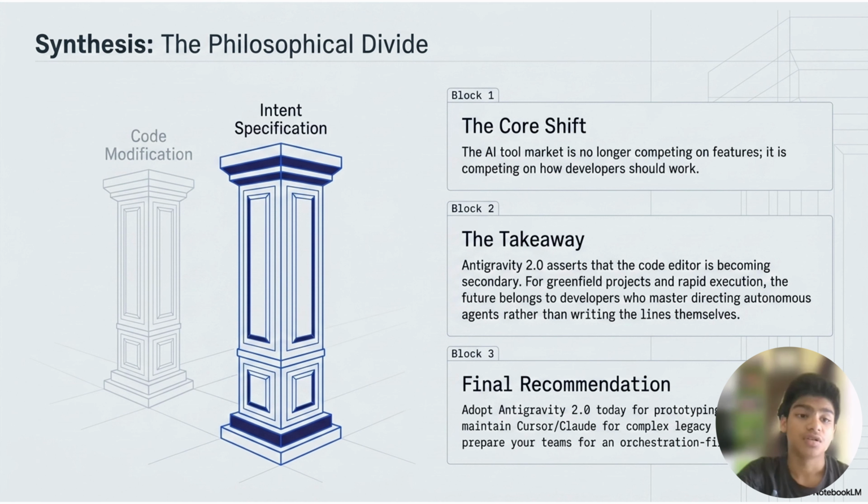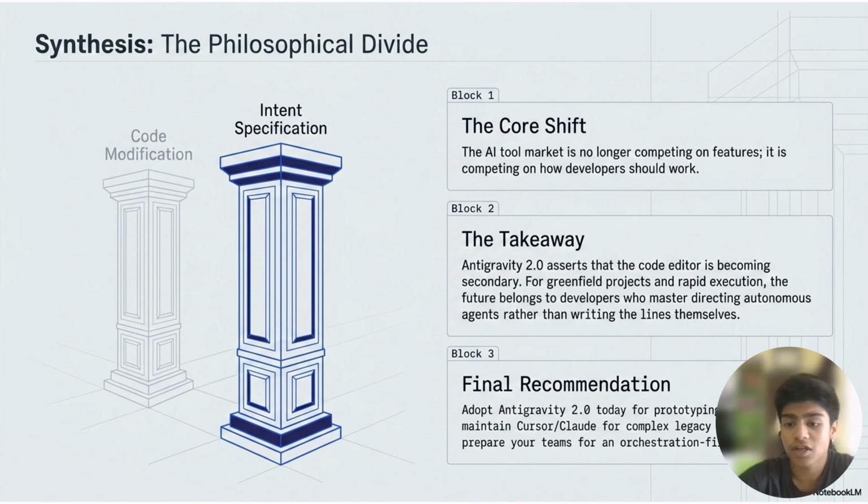Let's come to the conclusion, synthesis, the philosophical divide. In block one, the core shift is there. The AI tool market is no longer competing on features, it is competing on how developers should work. This is the most important line that developers should know. The takeaway is that Anti-Gravity 2.0 asserts that the code editor is becoming secondary.